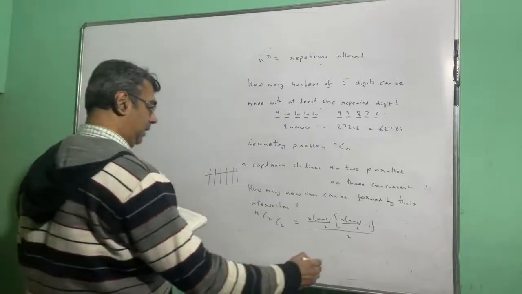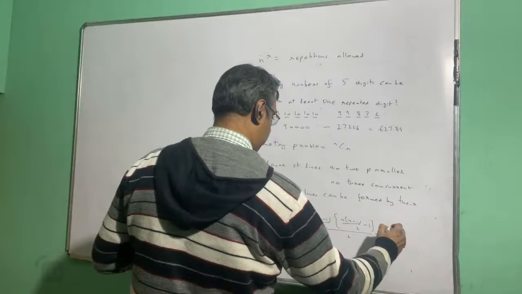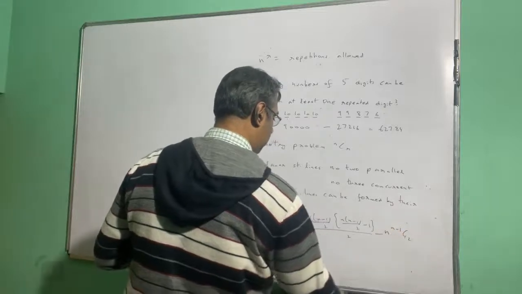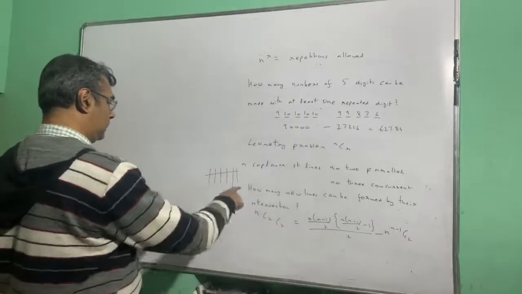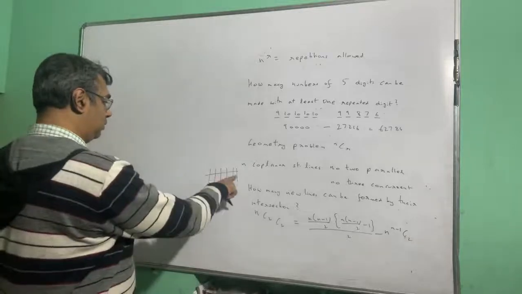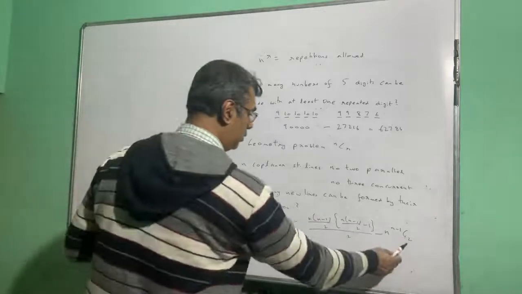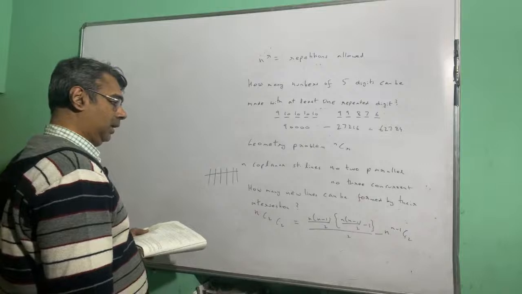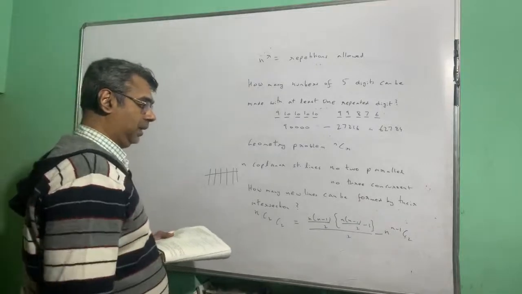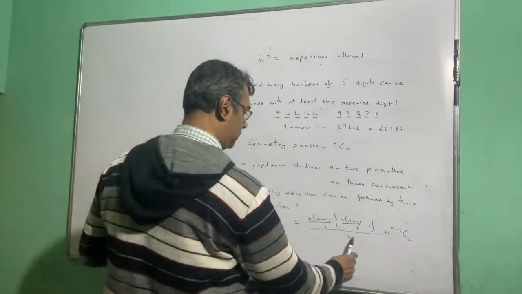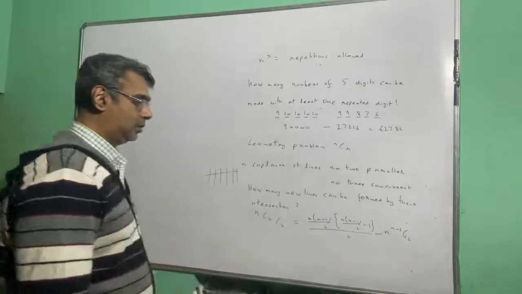And there are n lines. So every line will meet other lines at n minus 1 points, and out of those n minus 1 points you should not take 2 points, because then you will get the same line. So from this you have to subtract n into n minus 1 C2.